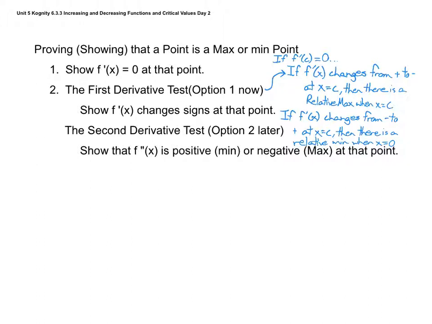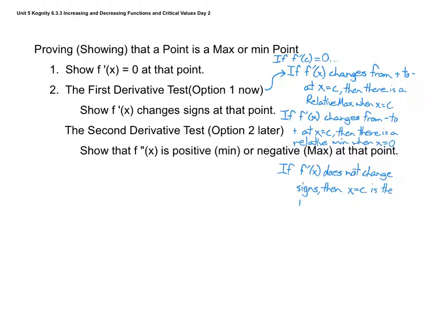Doesn't change. If there's no change in sign, okay? If f prime of x does not change signs, then x equals c is the location of a plateau point.